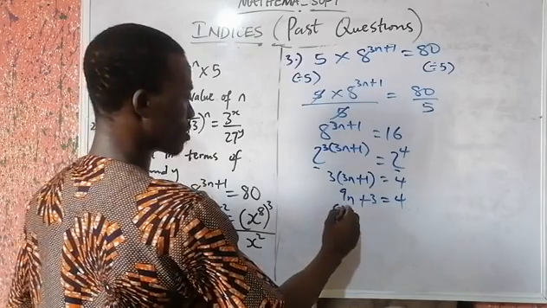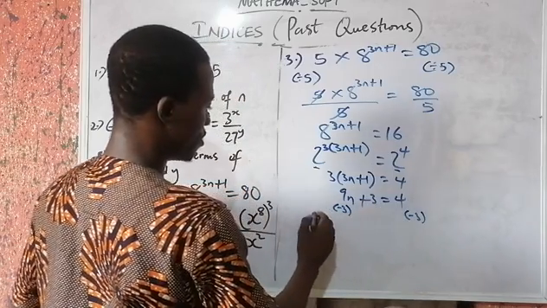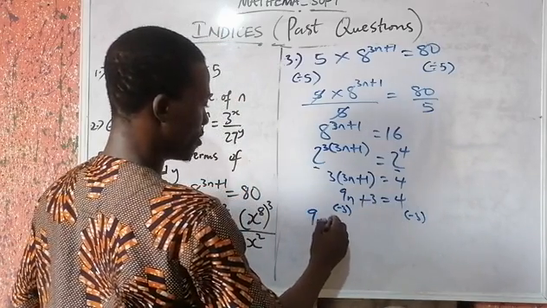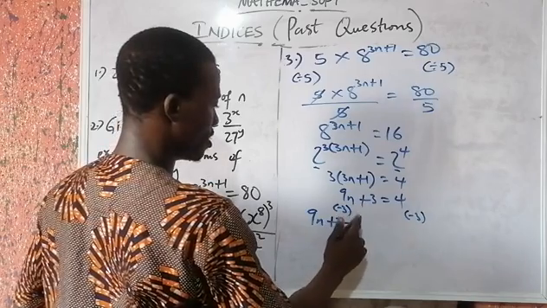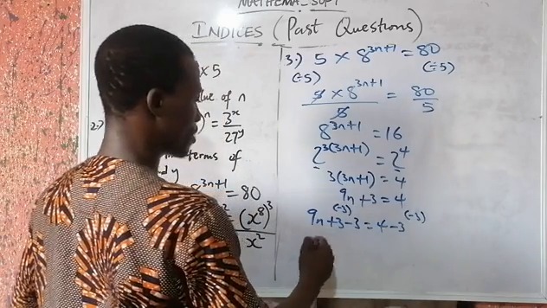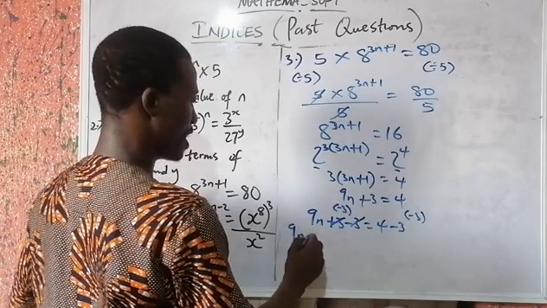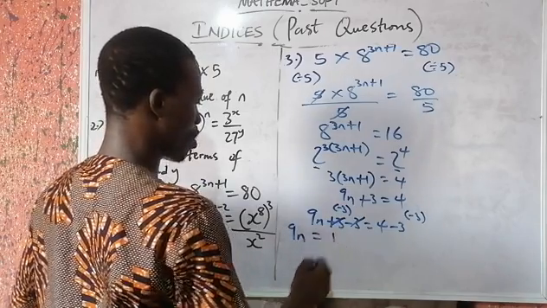So let's subtract 3 from both sides so that I can remove this 3. So that will give me 9n plus 3 minus 3, the 3 I want to remove, equals 4 minus 3. And that will give us, this cancels out, 9n equals 1.